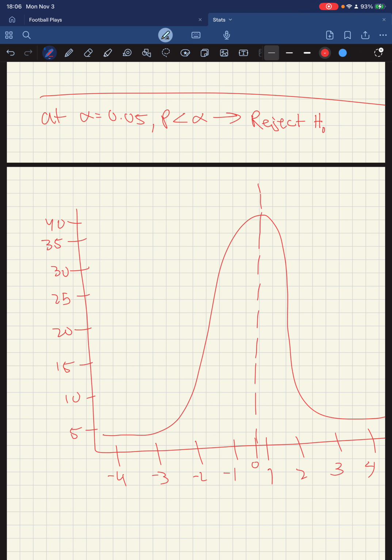This is our center. And we want negative 2.1, so that's close enough. And then our shaded region is all that. Okay. What else did I need to do to satisfy this question? It's one-sided.